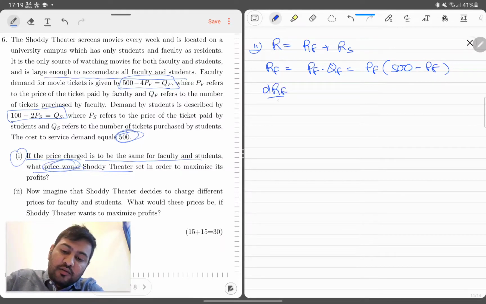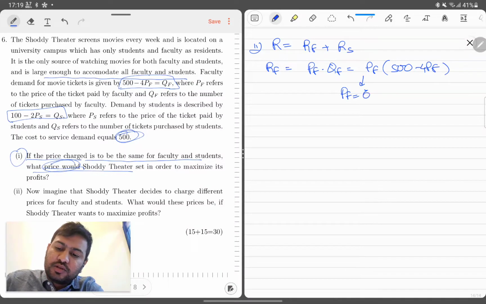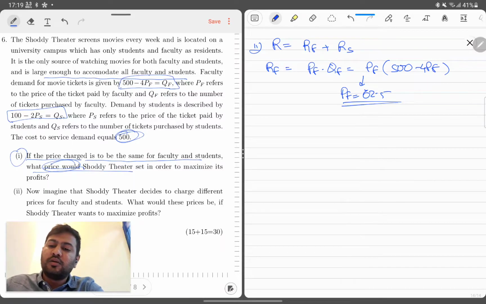So d revenue faculty by d price faculty is going to be equal to 500 minus 4 price faculty, sorry. We have already done this. So this actually gets maximized at price faculty equals 62.5. So the faculty price must be equal to 62.5.